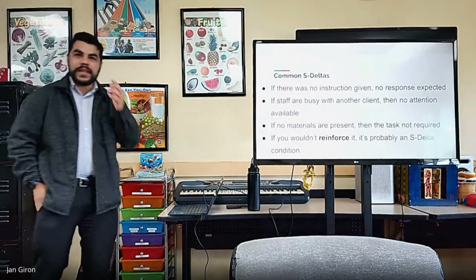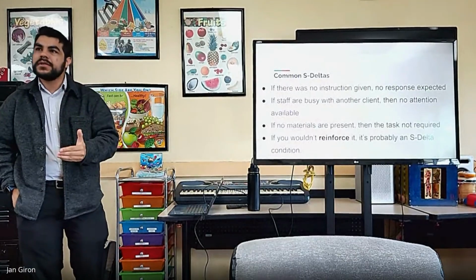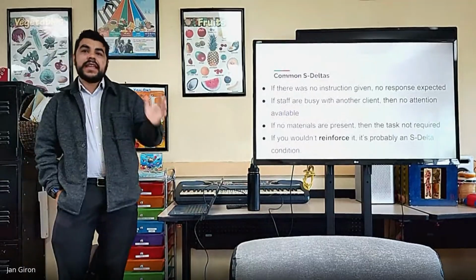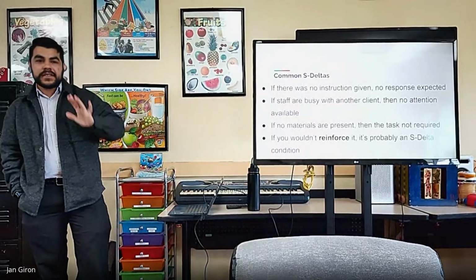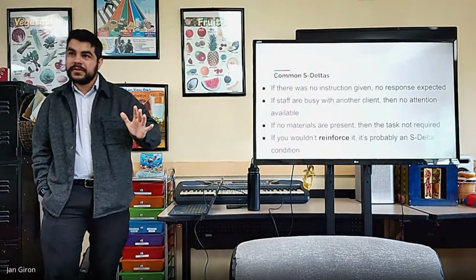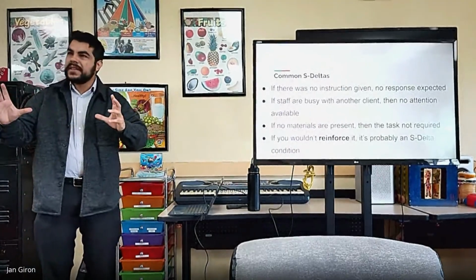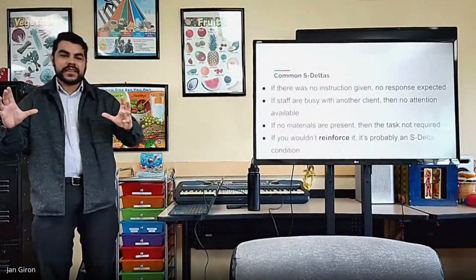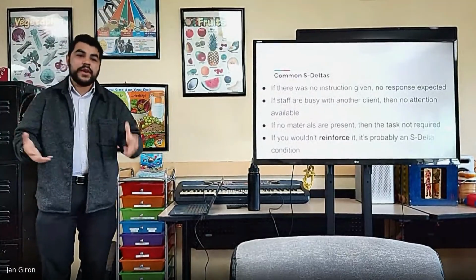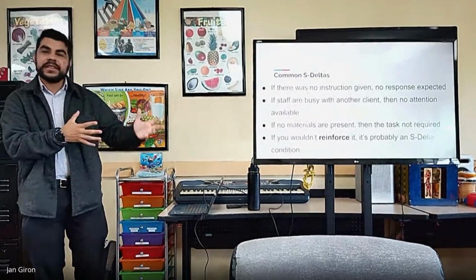Same thing when they can see you attending to another client. At that moment, they can recognize that reinforcement from you is not available. It's almost like there's this huge stop sign in front of you that the client would see that tells them, oh yeah, I cannot get attention right now because they're with this person.